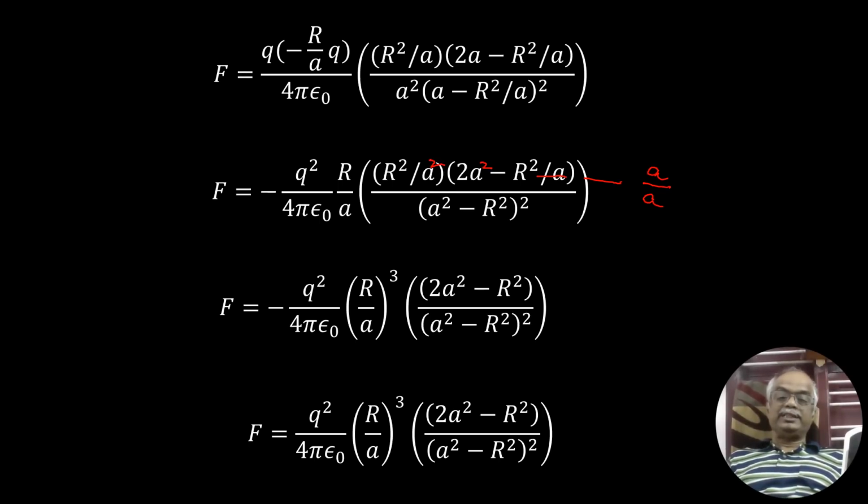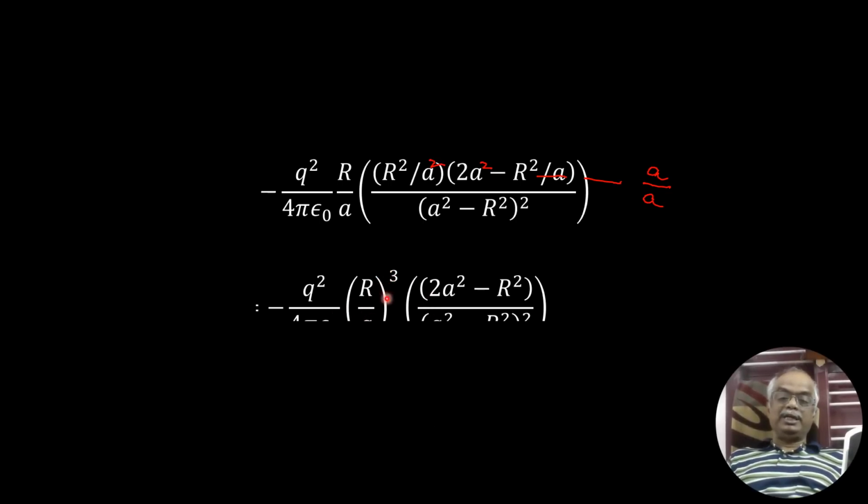So you will get 2a squared minus r squared. Here you have r squared multiplied by a squared because we are multiplying and dividing by a. So you will get r squared over a squared. Already there is one r over a, so this will become (r over a) whole cube.